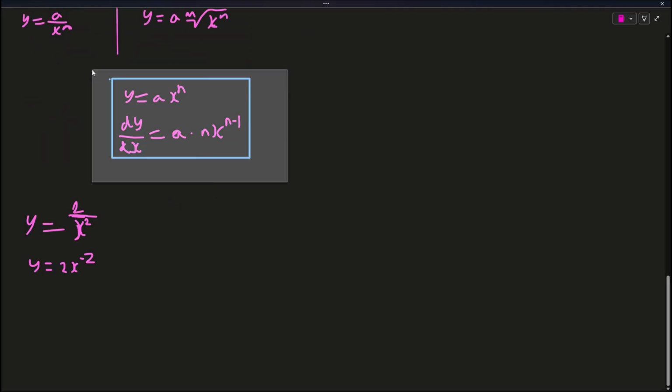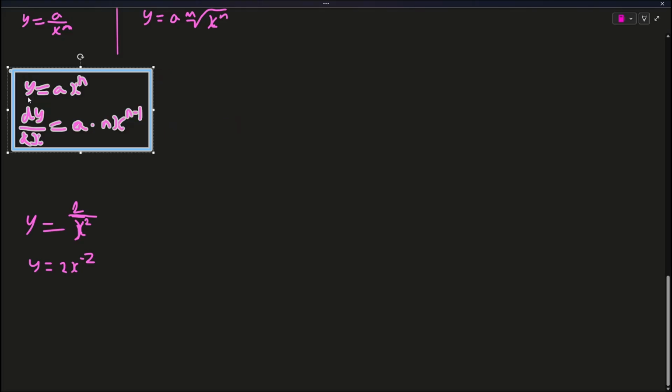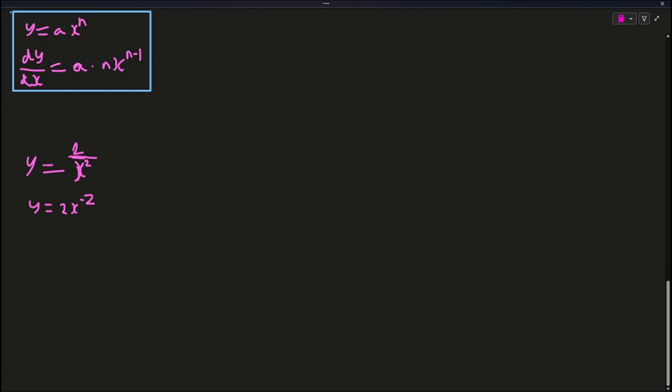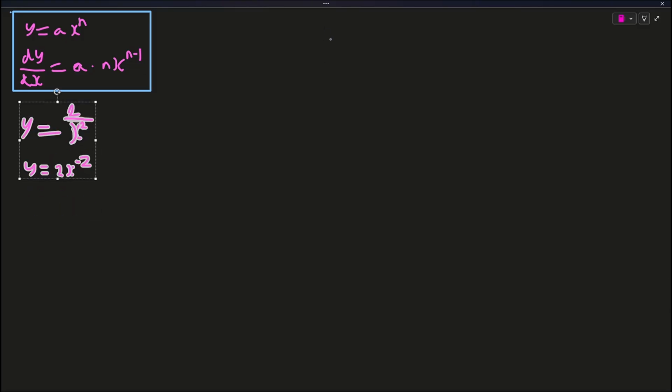So using this formula, what would we do? You have a times by n, so 2 times by minus 2. So dy dx is equal to minus 4 and times by x to n minus 1.